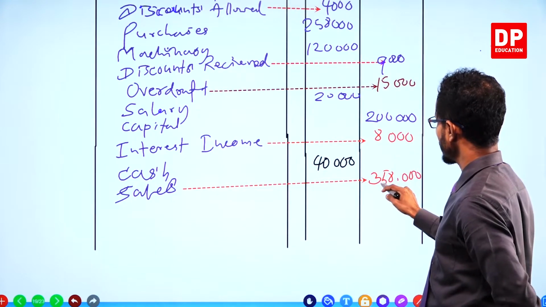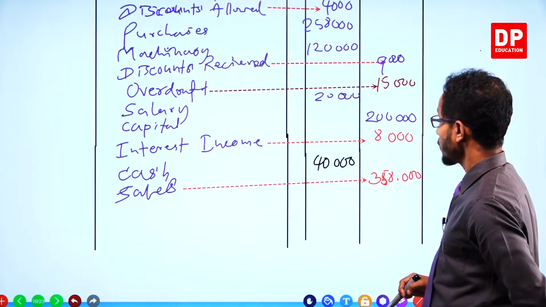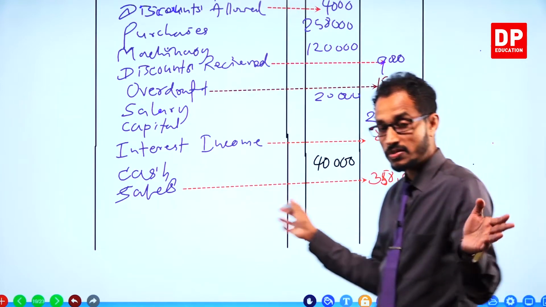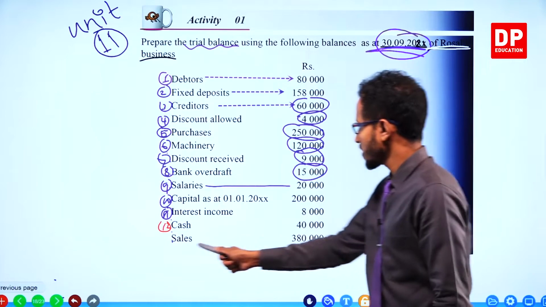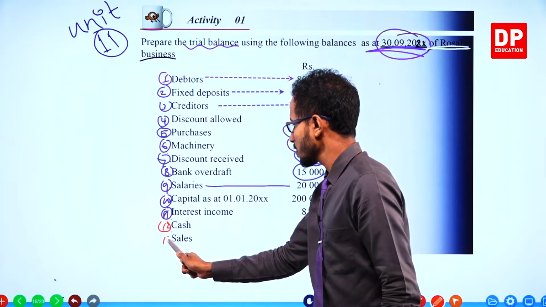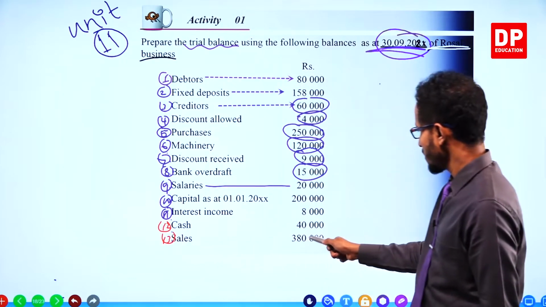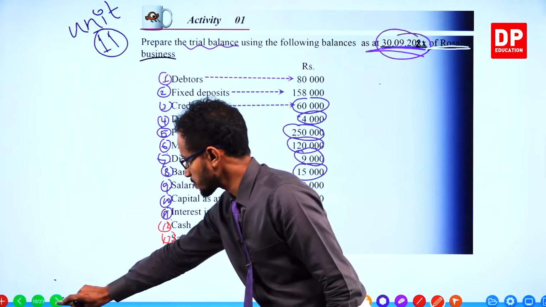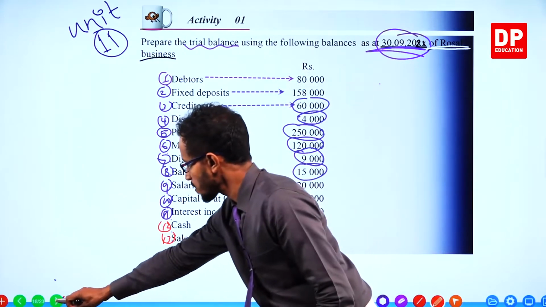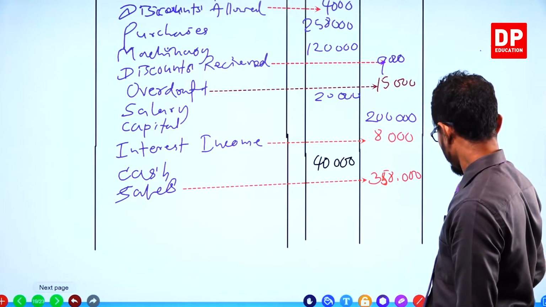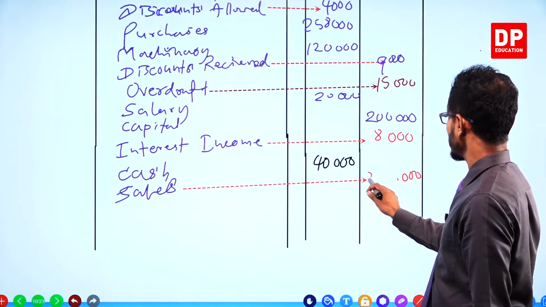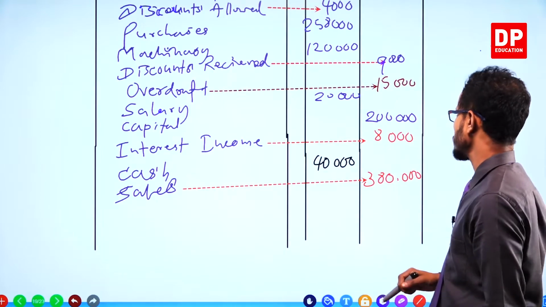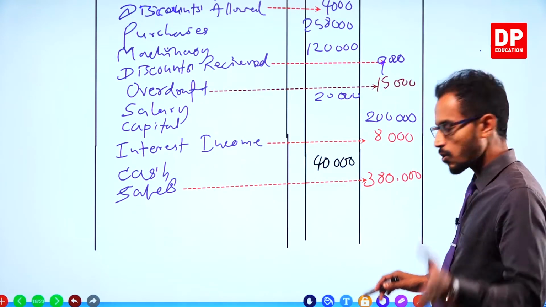Okay. Almost done. Is that all? Yes, that is all. 13 items are there.